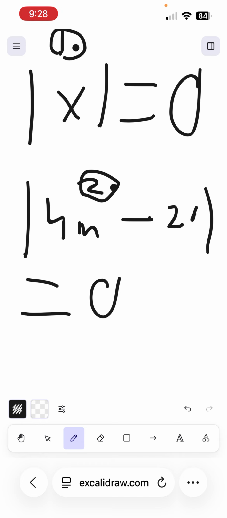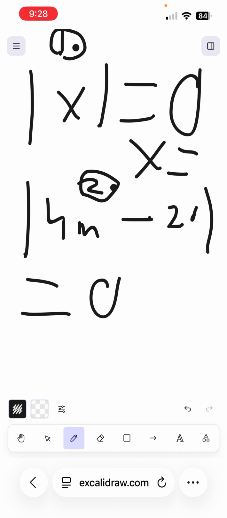Let's start by solving number 1, where we have the absolute value of x equals 0. So here we need to substitute a number for x to get our answer. And since there's no negative 0, the answer to this equation is 0, x equals 0.